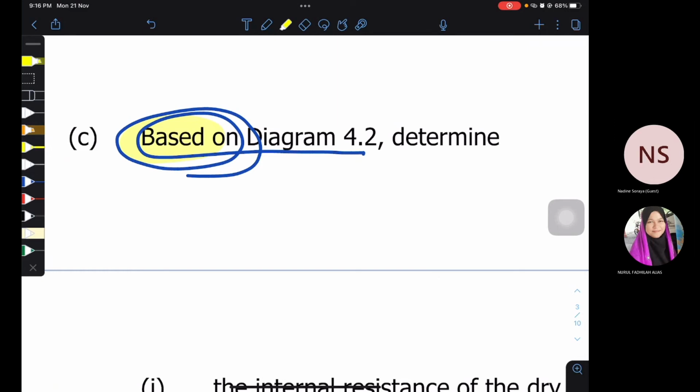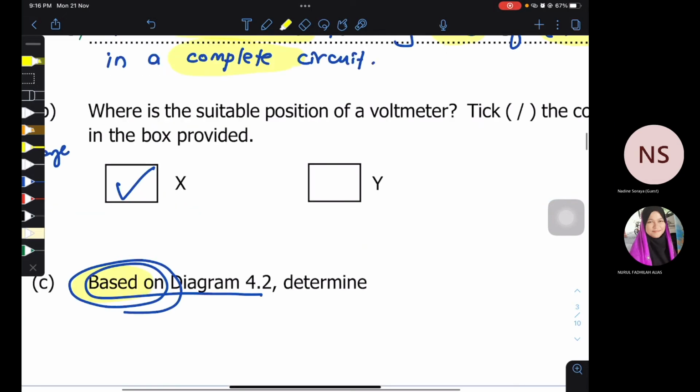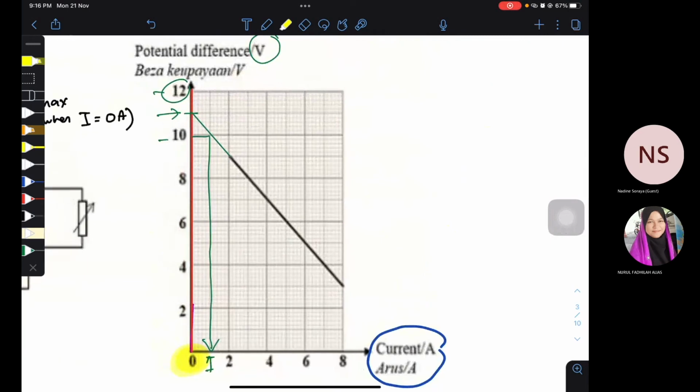The internal resistance of the dry cell. So dia kata daripada gambar 4.2 gambar apa? Jadi you kena tahu that if you have this graph ni dia mesti negatif macam ni. Kita ada satu lagi graph.